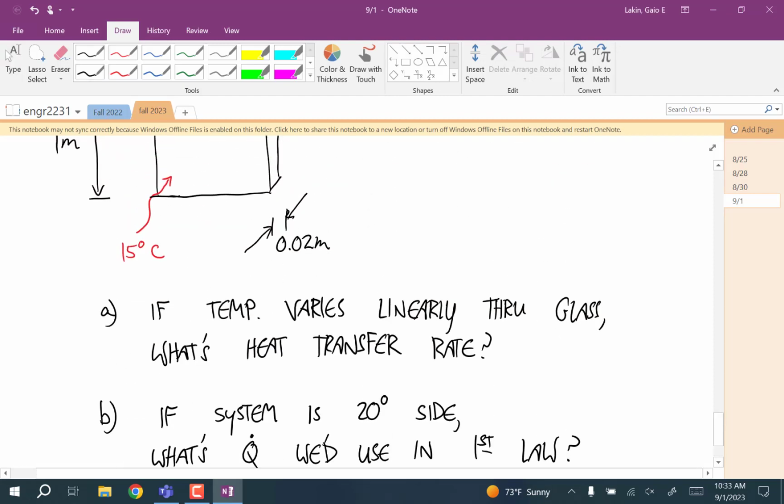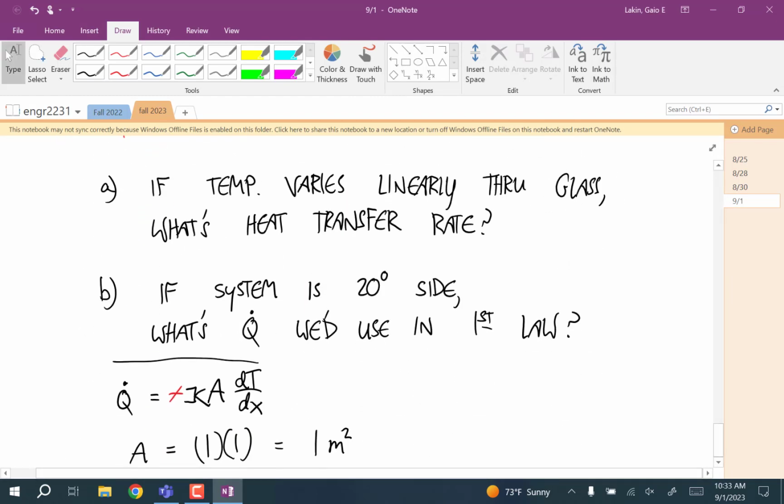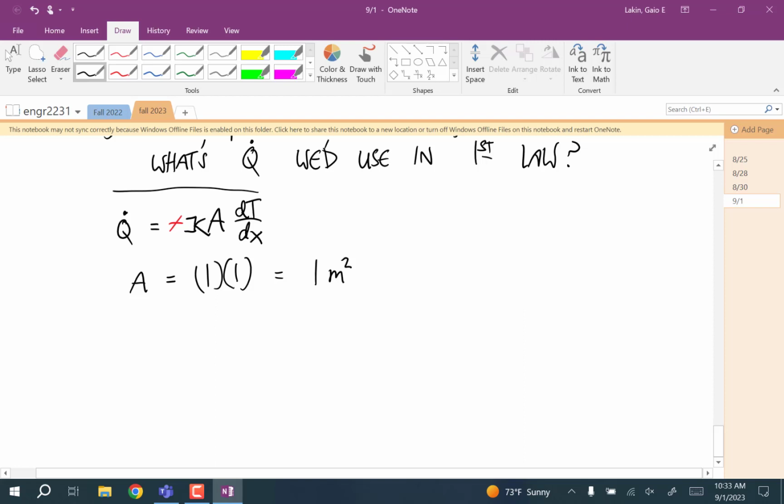Okay, now the gradient, dT/dx. If we know that temperature varies linearly, then we can just think of this as a difference. So it's a total difference of 5 degrees Celsius divided by the distance over which that happens, which is 0.02.